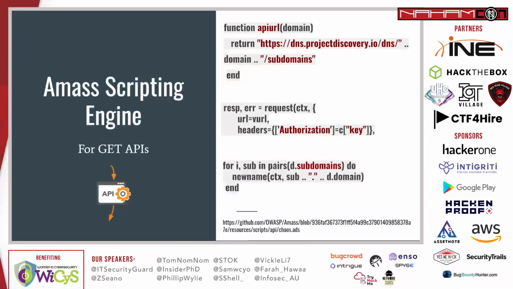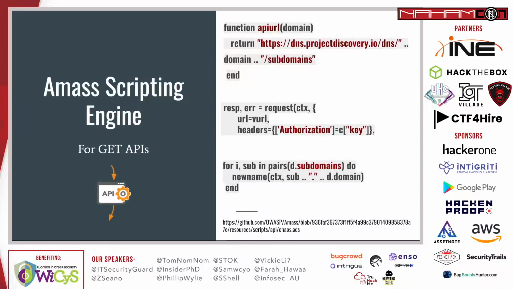But to quickly cover the most important aspects of this script, first of all, there is a function called API URL, which you have to define in order to get it working. In the case of Project Discovery, this is the URL dns.projectdiscovery.io/dns and a placeholder for the domain that you're looking for.